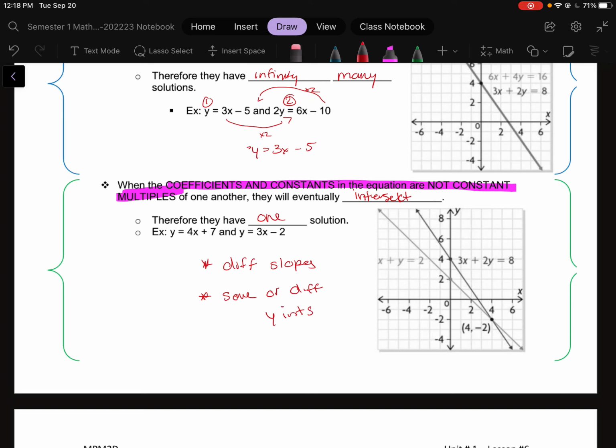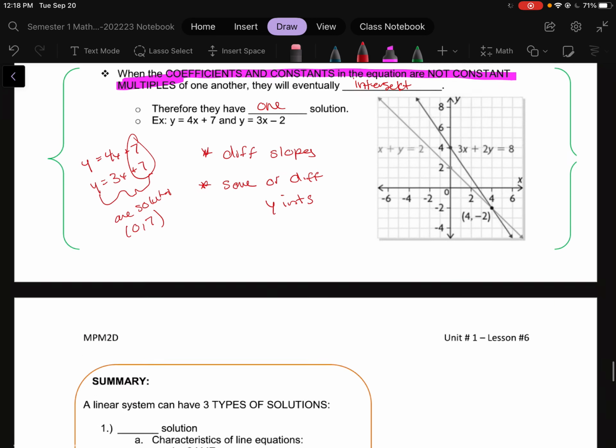It really depends on the equation. For example, we have y equals 4x plus 7, and we can also say y equals 3x plus 7. In this case, we will have only one solution, and that will be (0, 7) because the 7s are the exact same. That's where they will intersect.